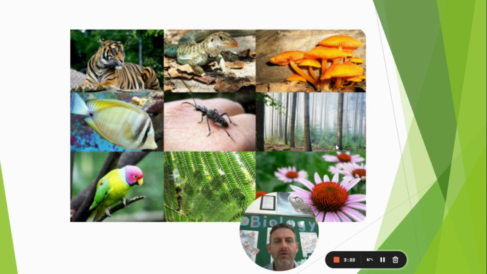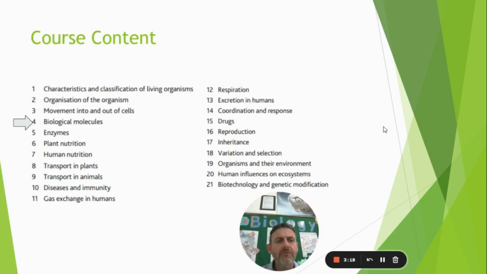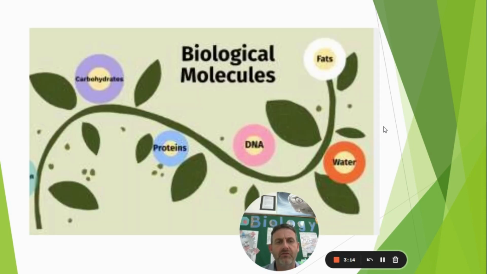And how do we group them and organize them so we can understand them better? From there, we go into other ones like biological molecules, like I've mentioned already, how things like carbohydrates and proteins, along with DNA, make up life around us, and the role that they play, whether you're a unicellular organism all the way through to multicellular organisms like you or I.